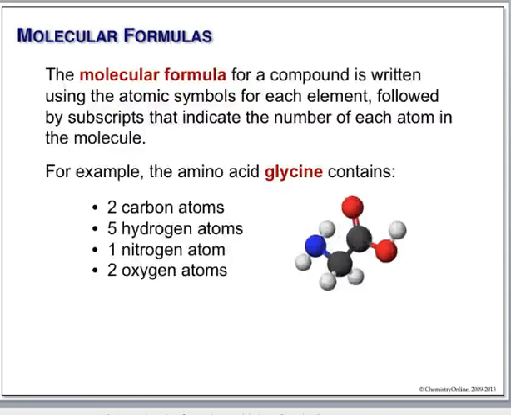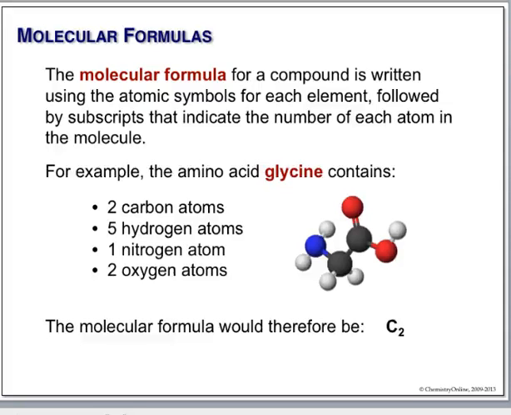So the simplest way to write our molecular formula would be to just do C2H5NO2. Simply string out the elements. But as easy as that is, this is almost useless. If I give you this and say, what is it? You'd have no clue. So this is useful, nice and concise. It's a condensed formula, but it tells you nothing about the structure.